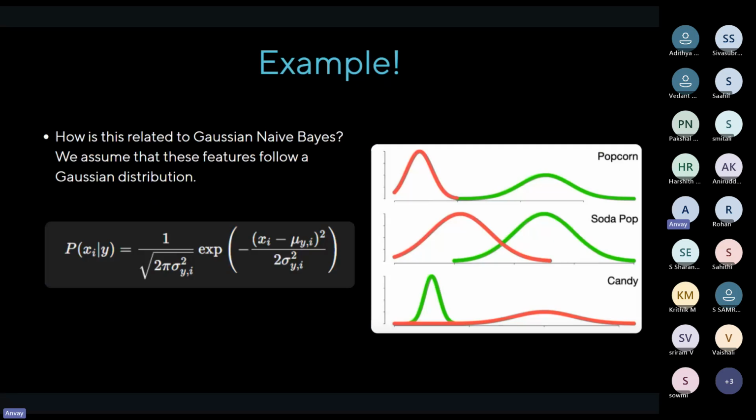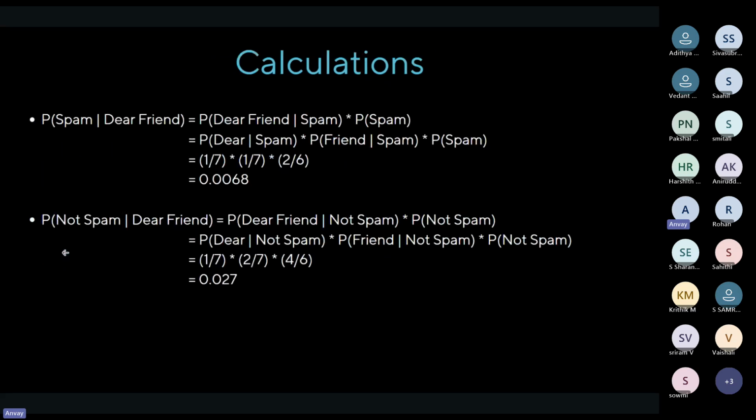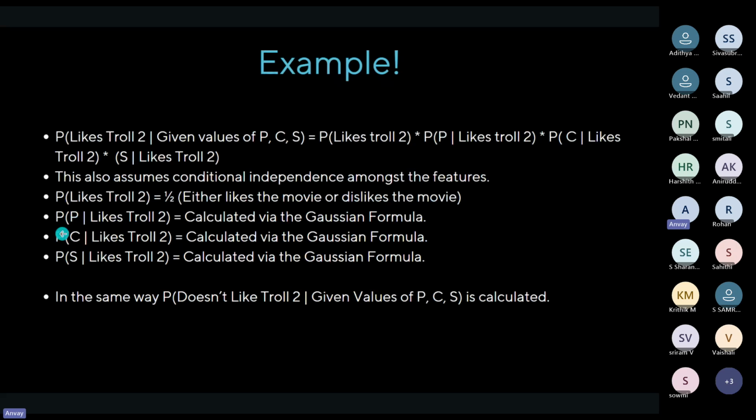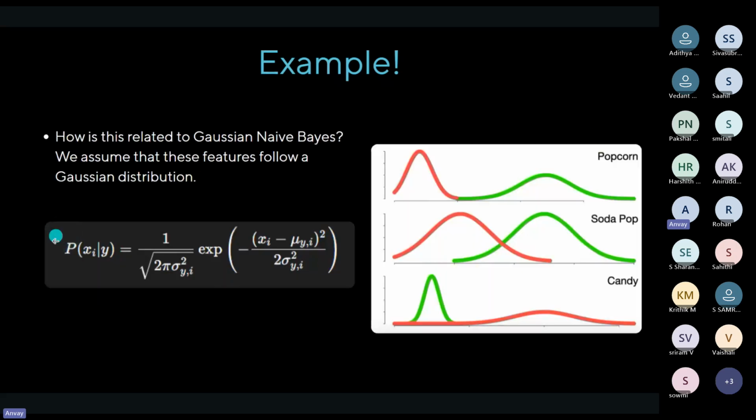It's the same Bayes theorem, where P of A given B is equal to P of B given A times P of A over P of B. We use the same algorithm here, but if you recall for multinomial naive Bayes, if we had to find, say, P of deer given spam, we had done counting. In the same case, now if you want to find P of popcorn given likes Troll 2, we will just plug it into this formula. That's the only difference here: we assume that they all follow a Gaussian distribution.